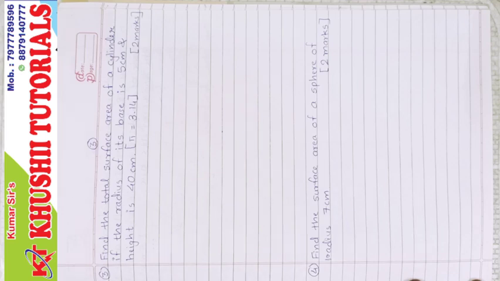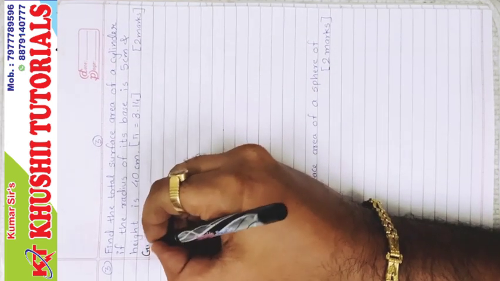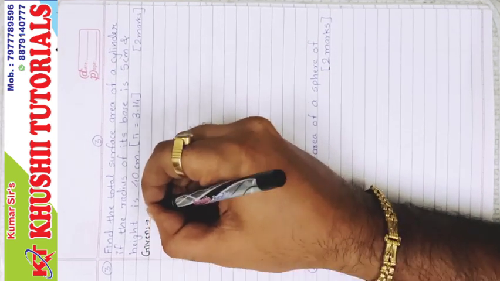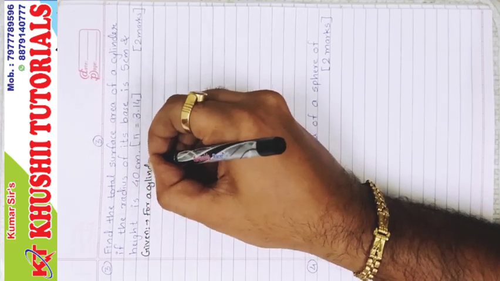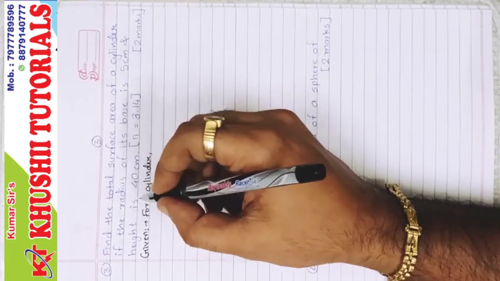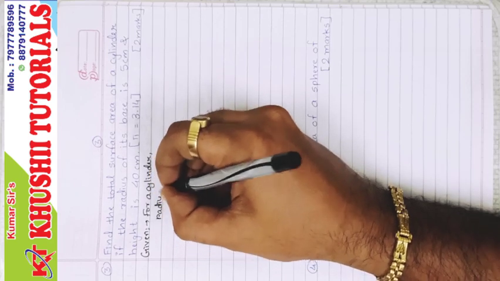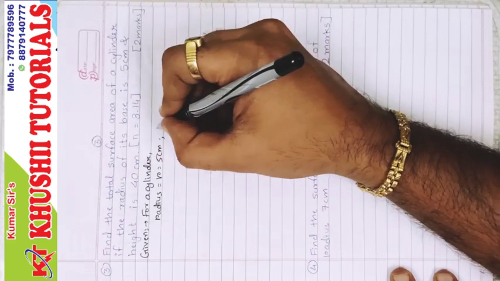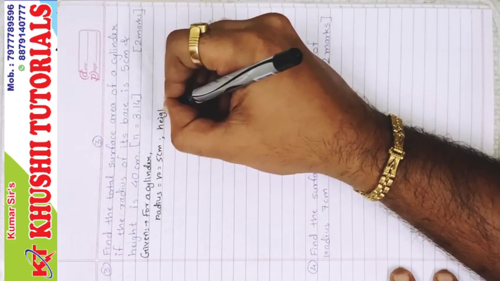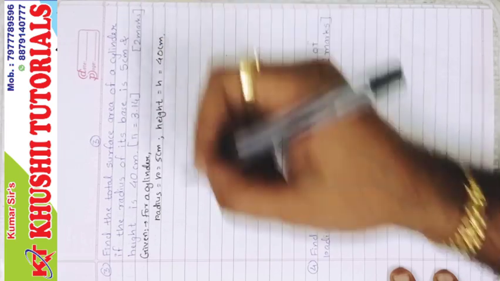Sum number 3, find the total surface area of cylinder if the radius of the base is 5 and height is 40. So first we'll write the given for a cylinder. Radius of the base r equal to 5 centimeter, and height h equal to 40 centimeter.